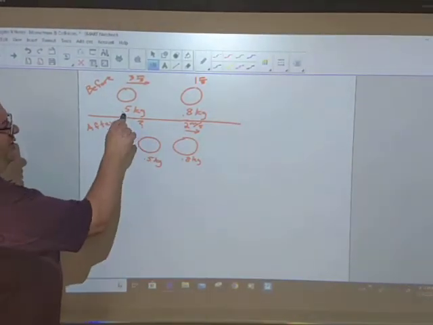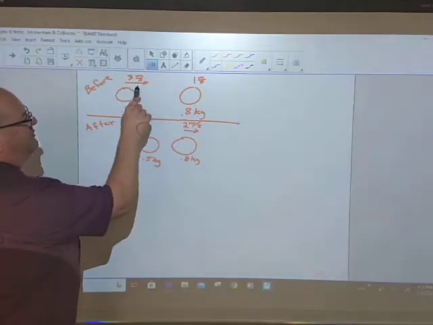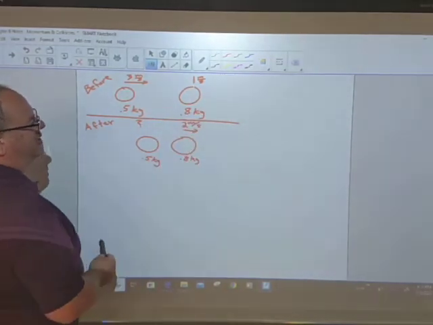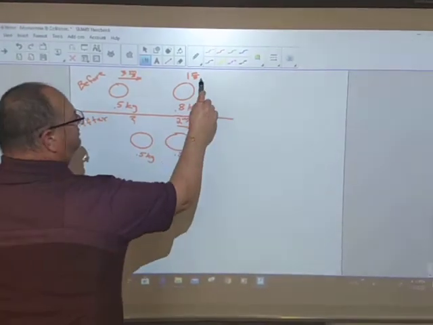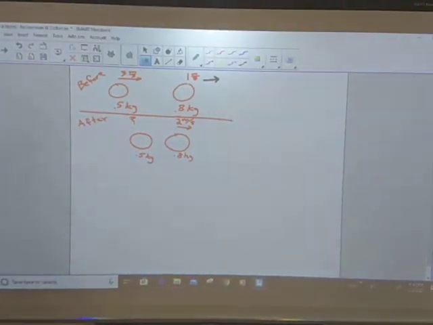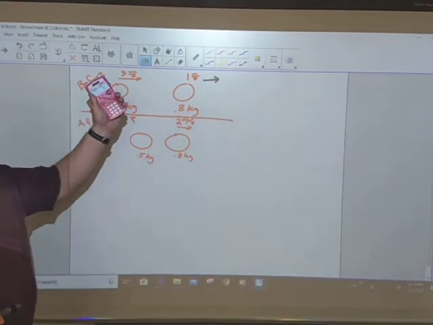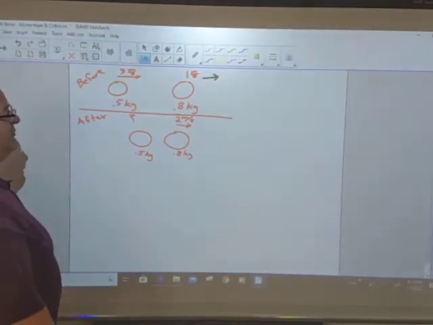This ball is 0.5 kilograms, this ball is 0.8 kilograms. This ball is moving 3 meters per second, this ball is moving 1 meter per second in the same direction. So they're both moving in a positive direction. This one's moving faster though, so it can catch up. We can still have a collision, even though they're moving in the same direction.